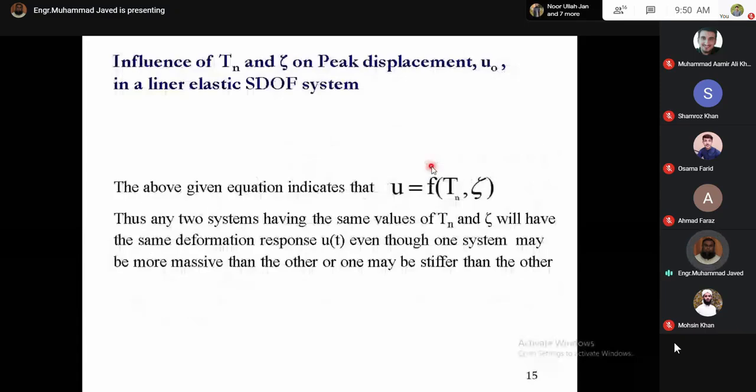So the next topic is what is the influence of natural time period and damping ratio on peak structural displacement U0.